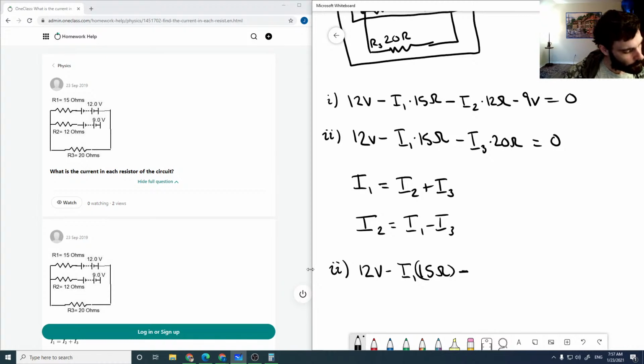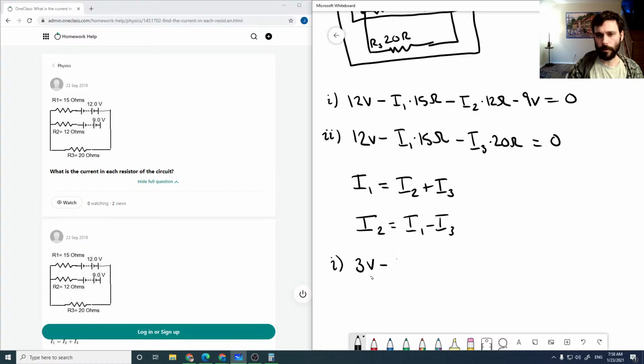Sorry. I guess I'm going to put it into my first equation. Sorry. So my first equation, not my second. Okay, so my first equation, first of all, I'm going to remove that 9 volts.